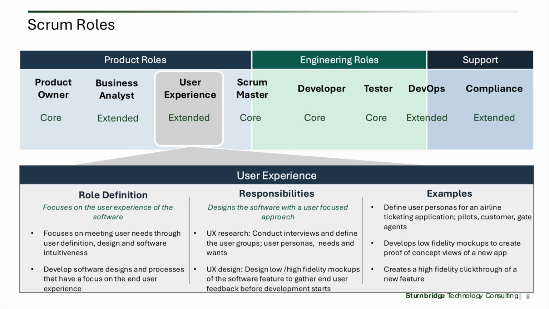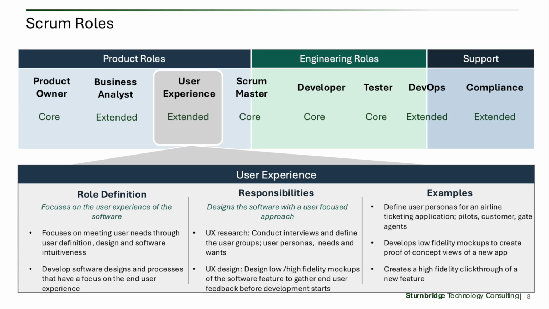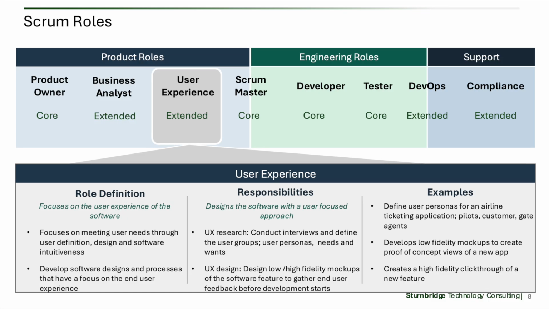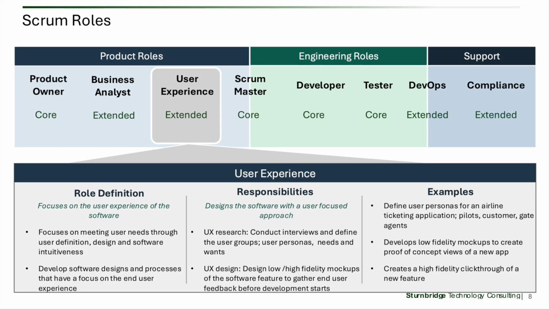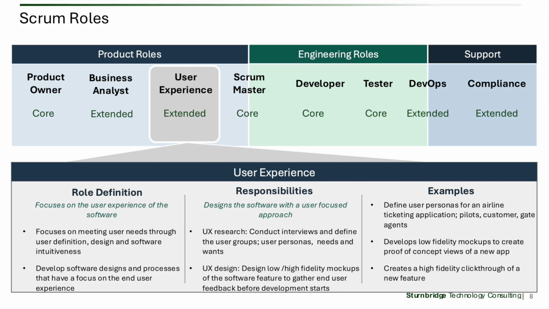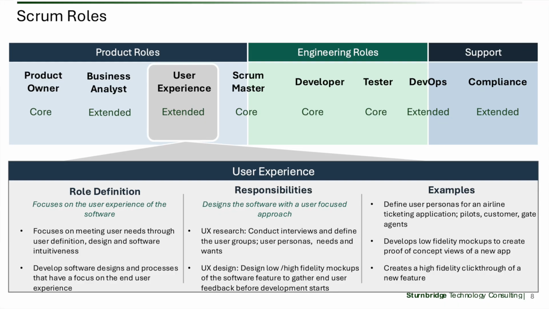Another valuable role is user experience, or UX. Scrum teams sometimes move quickly into development and discover too late that the product does not meet user needs in a practical way. UX helps prevent that. This role focuses on the human side of the product: who the users are, what they need, how they behave, what frustrates them, and how the product experience should be designed to support them.